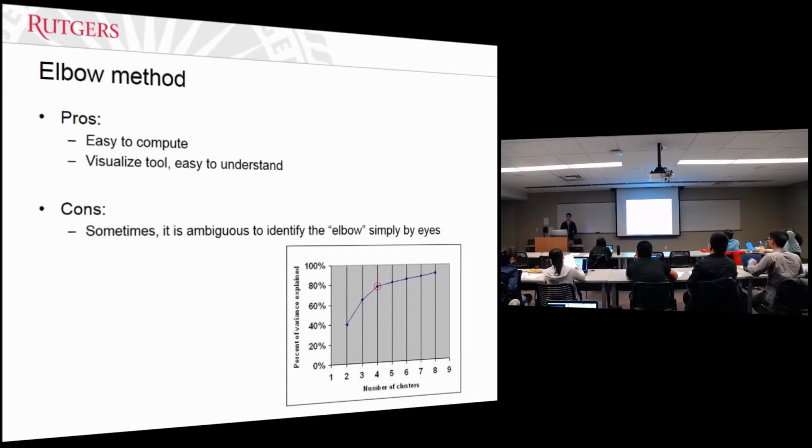So the advantage of the elbow method is that it is easy to compute, and it is also visualized too. So it is easy to understand. However, the shortcoming of the elbow method is that sometimes it is ambiguous to actually identify the elbow simply by visualization.